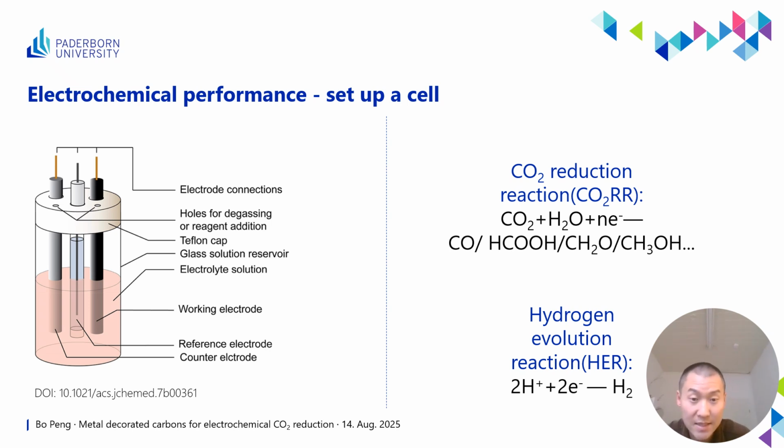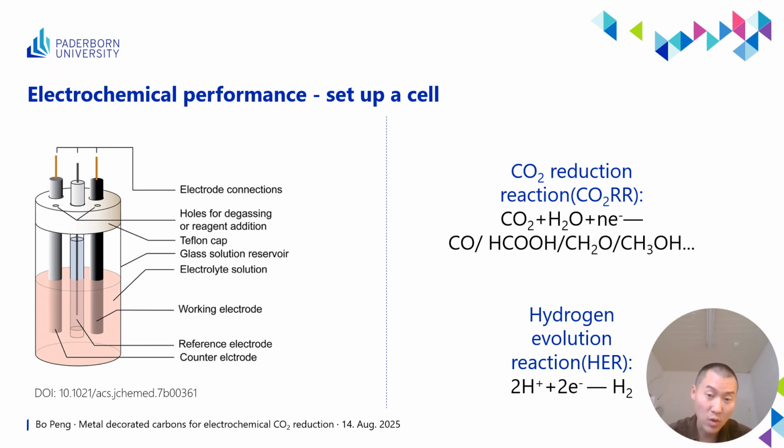You can also see there are holes for degassing or reagent addition. One of the holes should be for adding CO2, and another should go to the chromatography, NMR, and so on, maybe. And we need to know what happens or what may happen there.